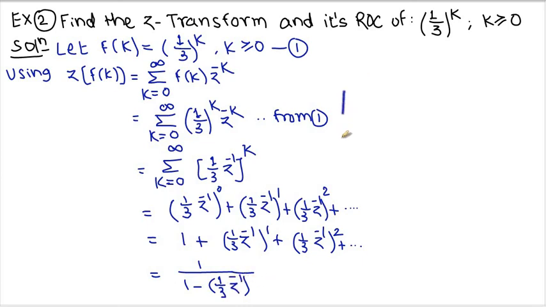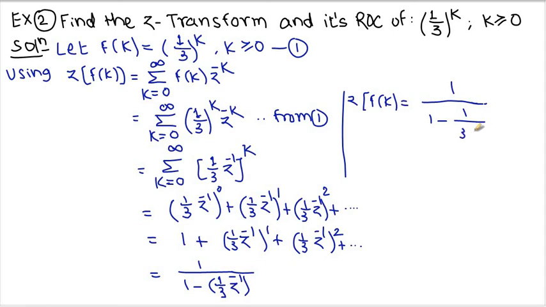Now the left hand side will be as it is, that means the z transform of f of k is equal to, I have kept the left hand side as it is, the only change is on the right hand side of the equation. So this is now 1 divided by 1 minus this one as it is, while the z raised to minus 1 is shifted to the denominator, it will be z raised to 1, right? So 3 into z raised to 1 is what?